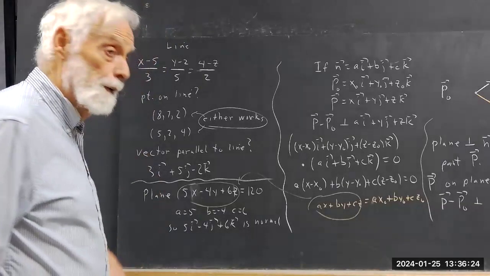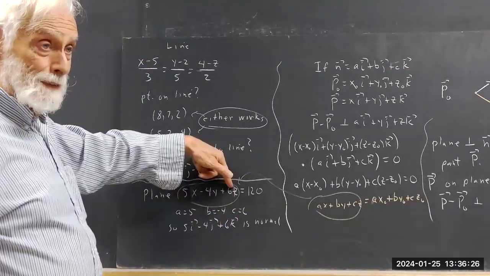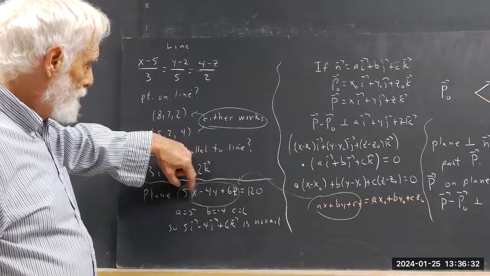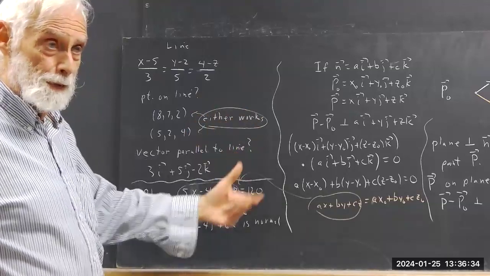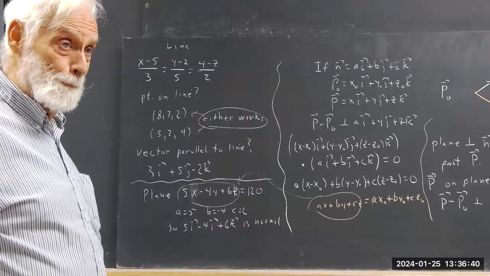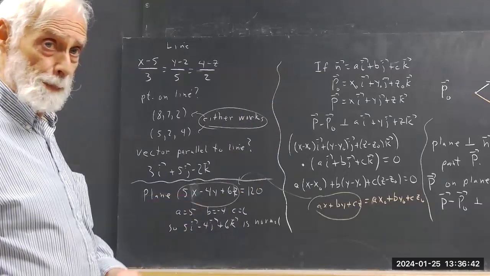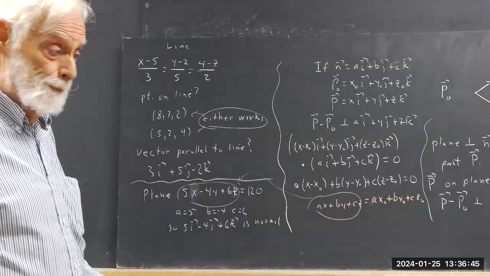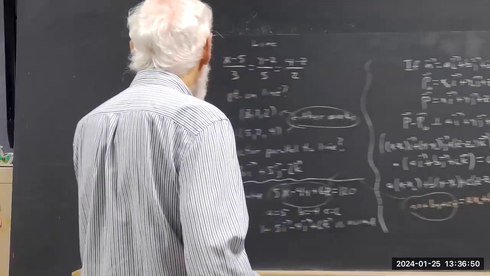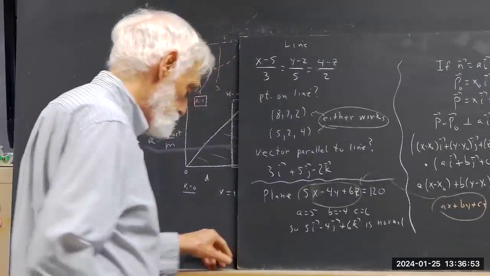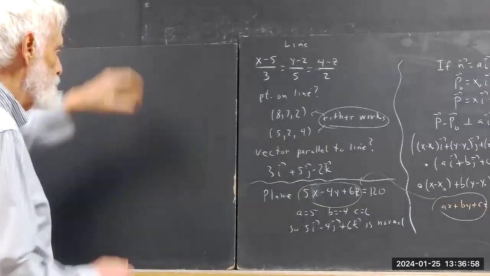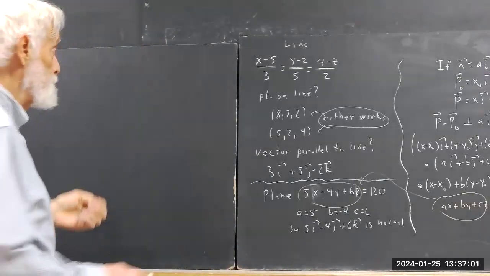You do the same thing with any single variable: you can let the other two be 0. For example, x and y both 0, 6z equals 120, z equals 20. So 0, 0, 20. So now you've got the intercepts, and now you can sketch the plane. What you're finding is the axis intercepts.